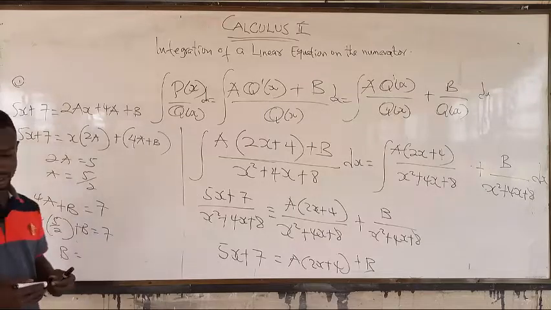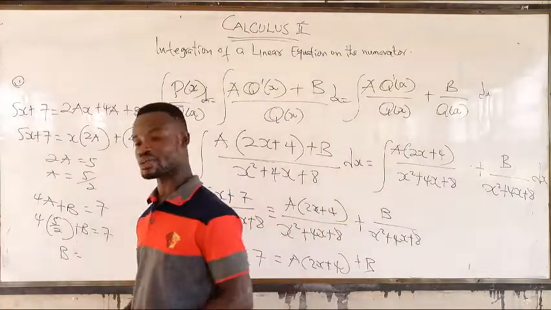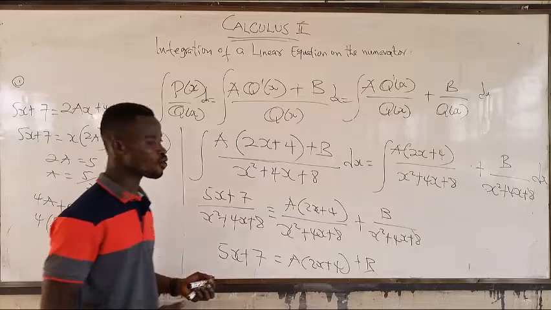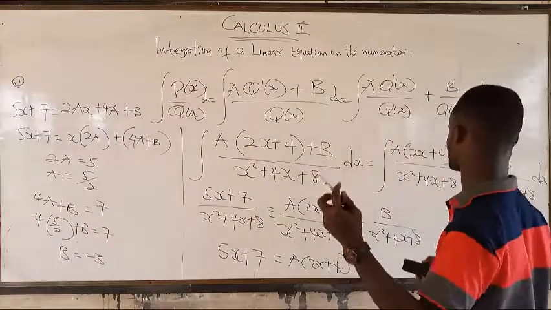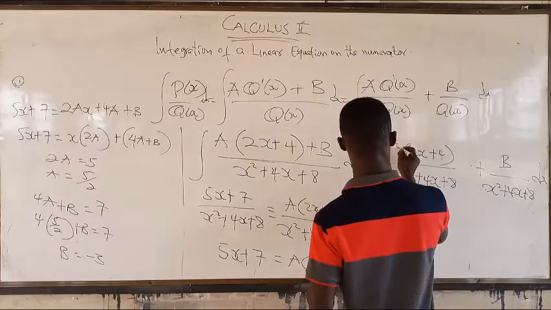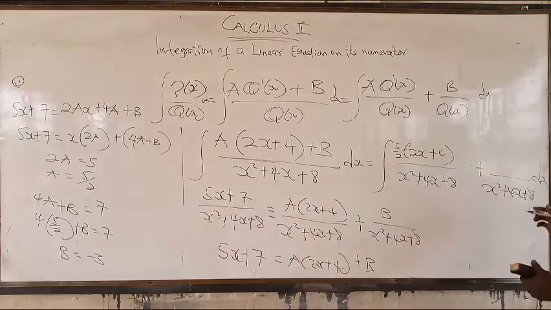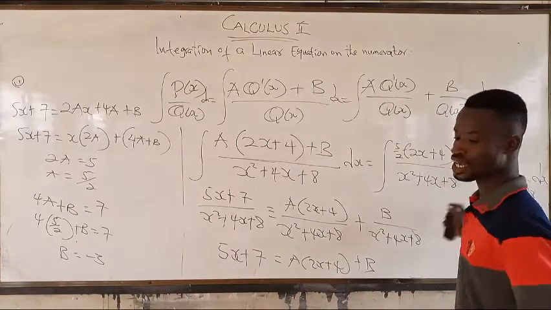Therefore, b is just going to be -3. Wow! I just love it. Now, watch. We have a to be 5 over 2 and b to be -3.